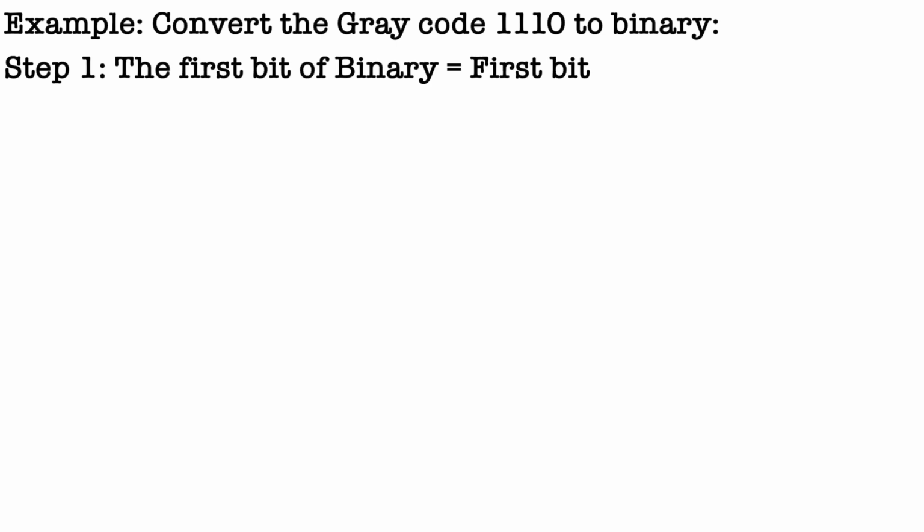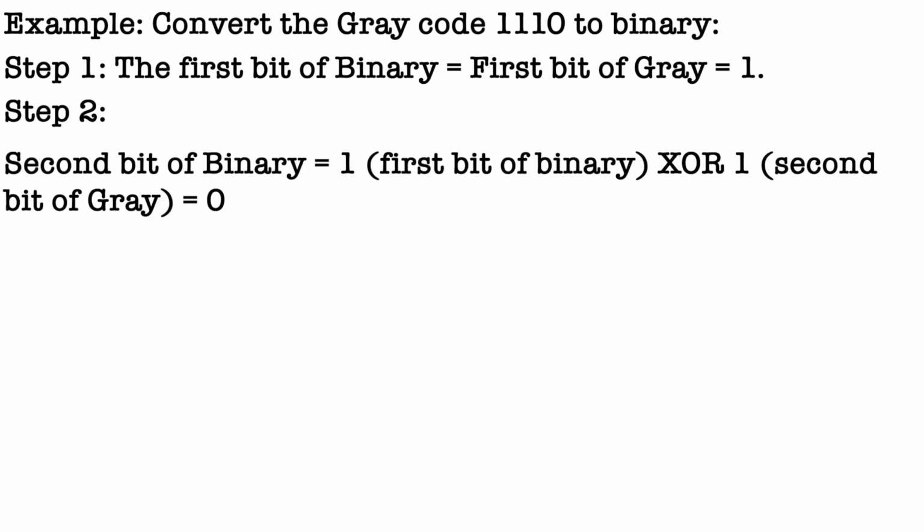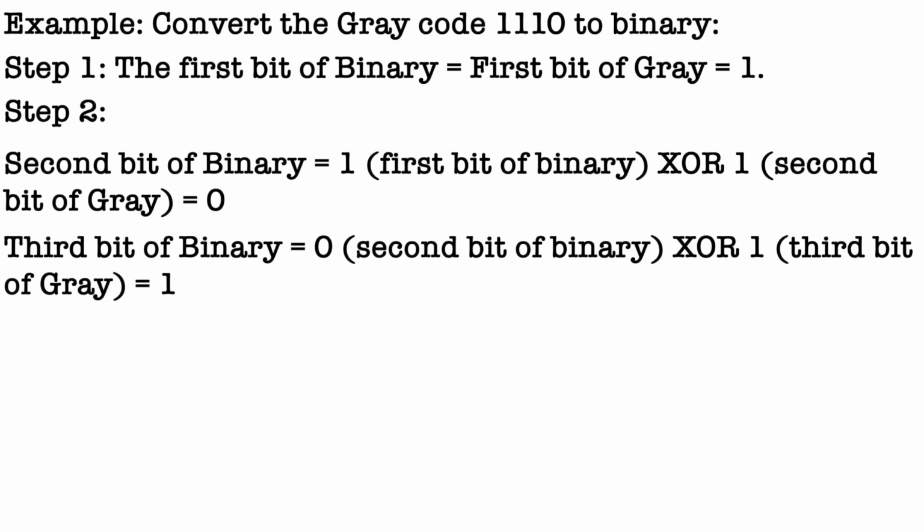The first bit of binary is equal to the first bit of gray, so it is 1. For the second bit of binary, we use the first bit of binary, 1, XOR with 1, the second bit of gray, so we get 0 as the second bit of binary. Similarly, for the third bit of binary, we use 0, the second bit of binary, XOR with 1, the third bit of gray, so we get 1 as the third bit of binary.